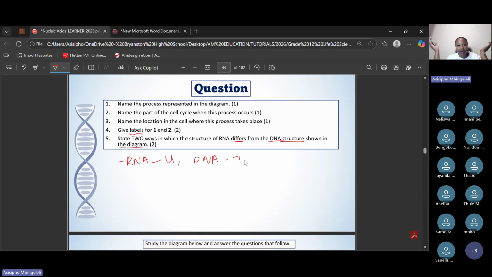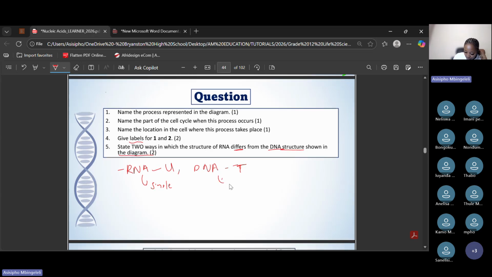Since it's a DNA molecule, it will have a T, and an RNA molecule will have a U. Then you can also speak about the strands. RNA is single-stranded, and a DNA molecule is double-stranded. That is correct.